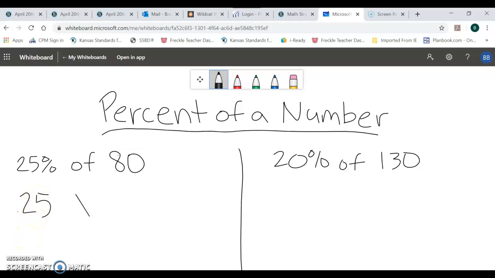And then the other part is you're going to take your decimal answer and multiply by the other number that you're given. The other number here is 80, so I'm going to take my decimal and multiply by 80, and then we'll see what that equals.